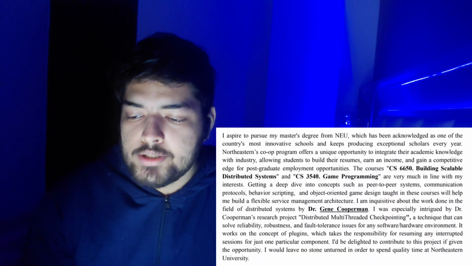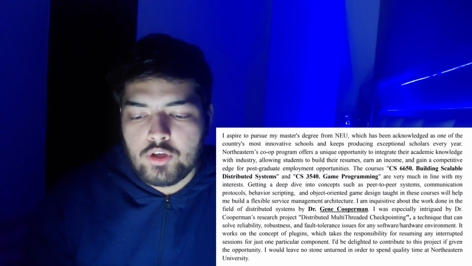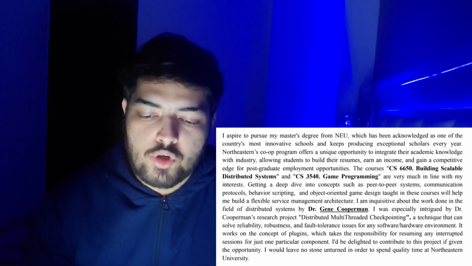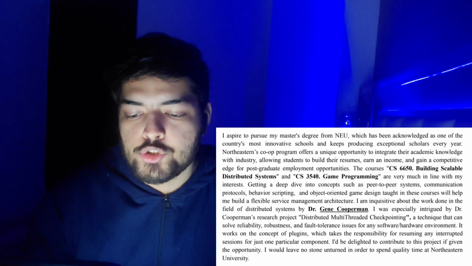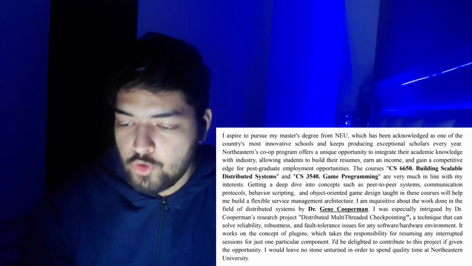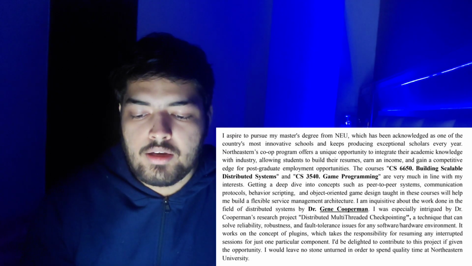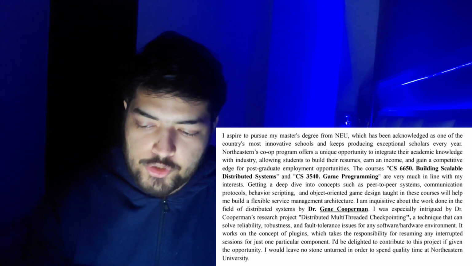This will change for each and every university. Here it goes. I aspire to pursue my master's degree from Northeastern University, which has been acknowledged as one of the country's most innovative school and keeps producing exceptional scholars every year. Northeastern's co-op program offers a unique opportunity to integrate their academic knowledge with industry, allowing students to build their resume, earn an income, and gain a competitive edge for postgraduate employment opportunities.